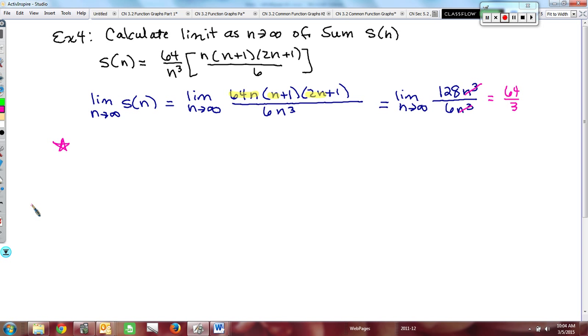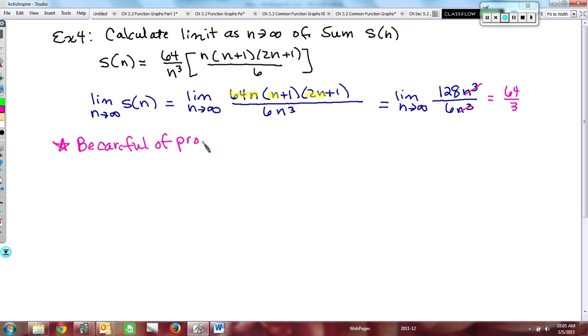But be very careful when we get into just a constant, not a constant times a function, because the limit of a constant is the constant, as you saw here. The derivative of a constant is 0, and the sum of a constant is the constant times n. Those are three very different rules, so make sure you don't get confused as you're working with them.